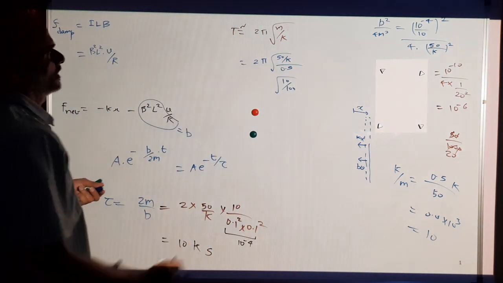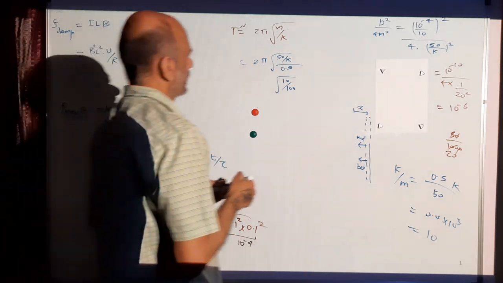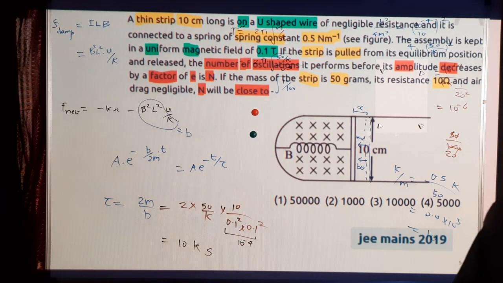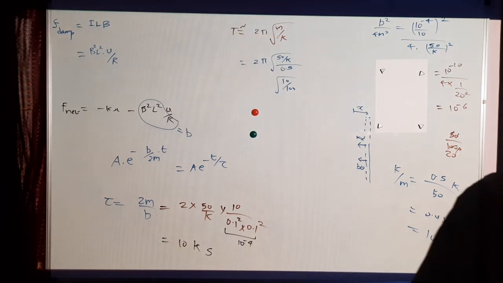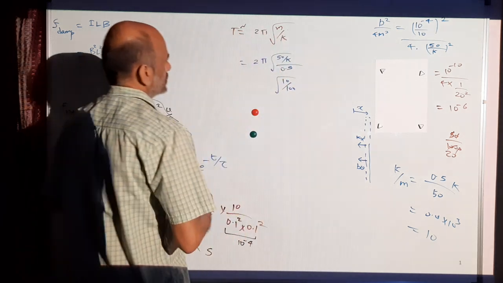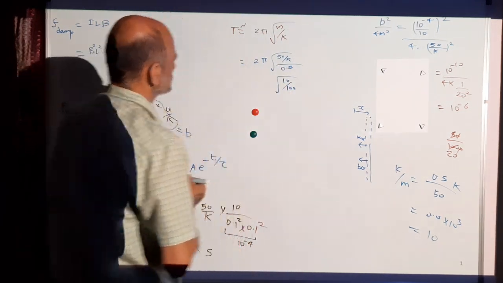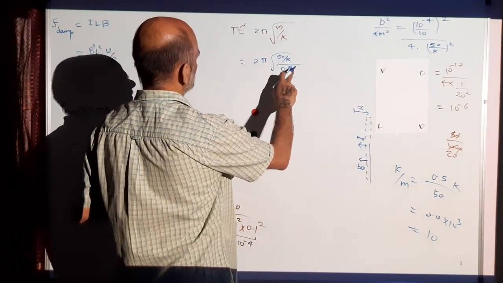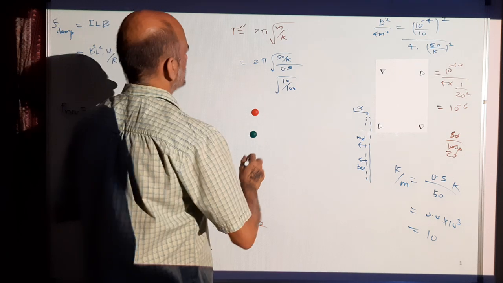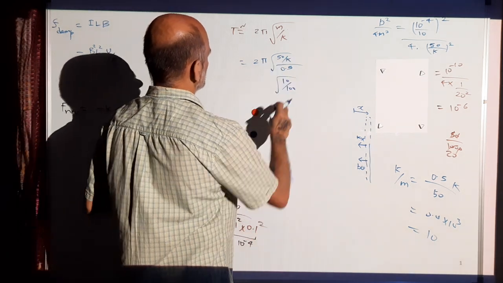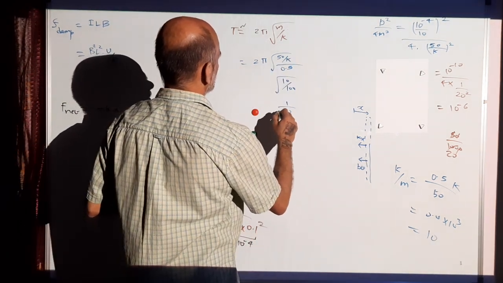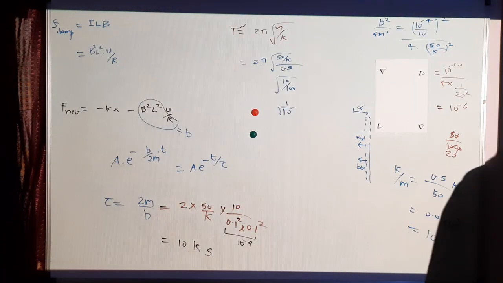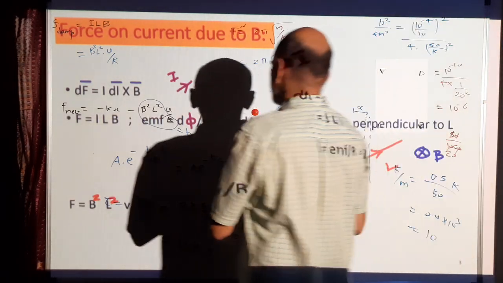Root of 0.1 into 1000. So it's 1 by root 10 for the time period. This is approximately 2.